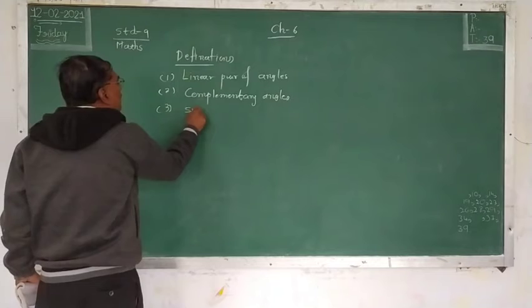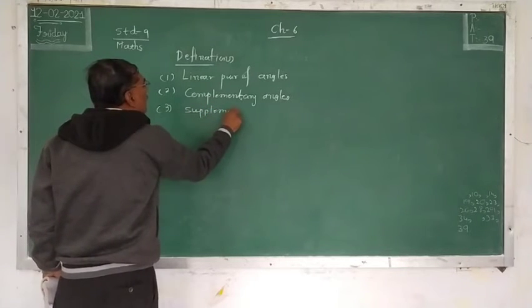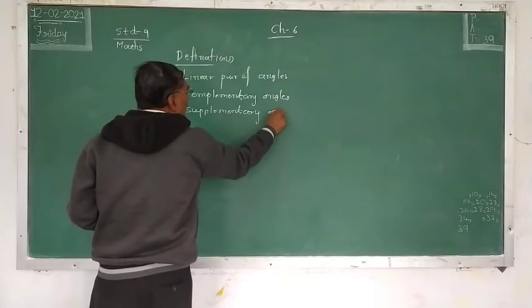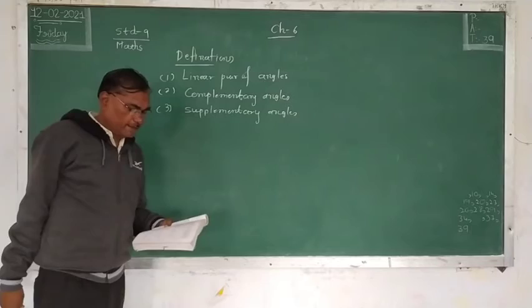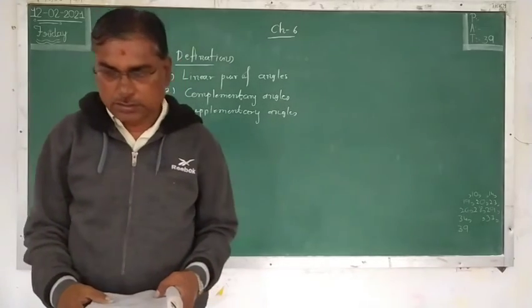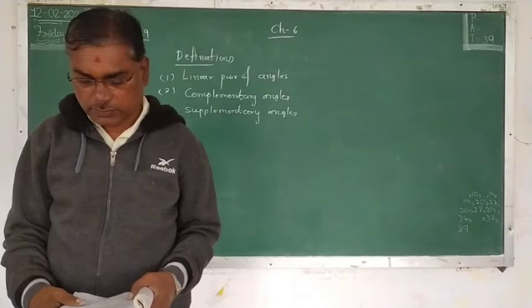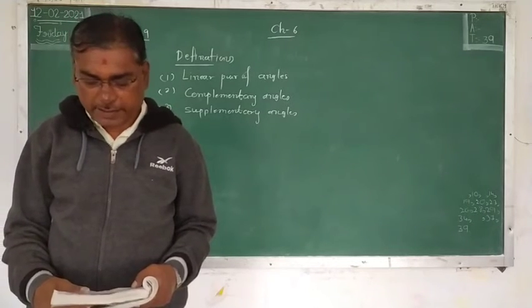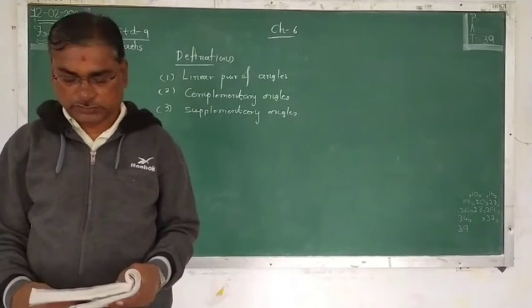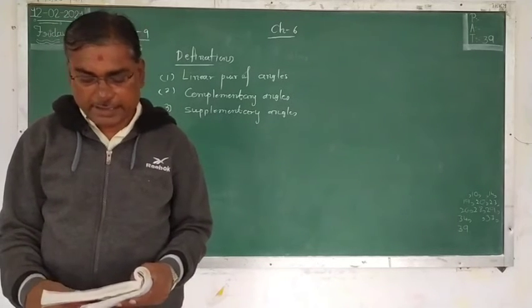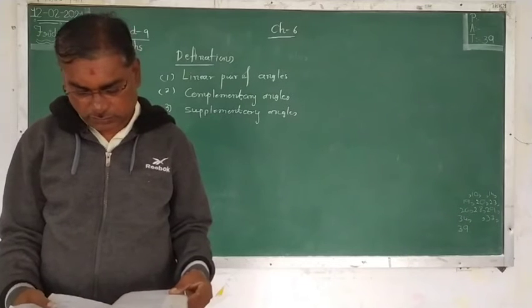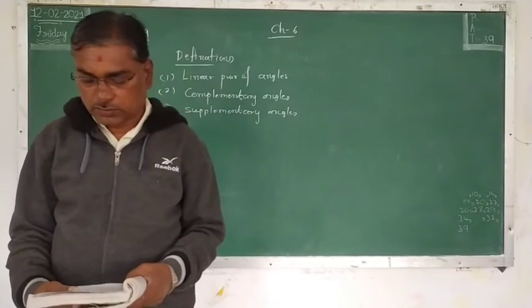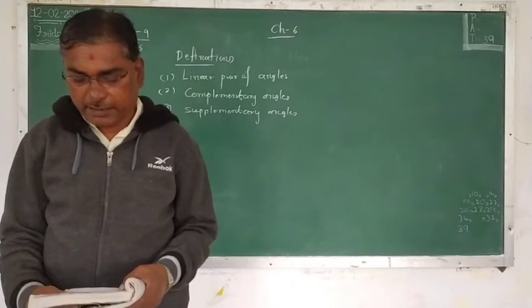Next, supplementary angles: two angles whose sum is 180 degrees are called supplementary angles.